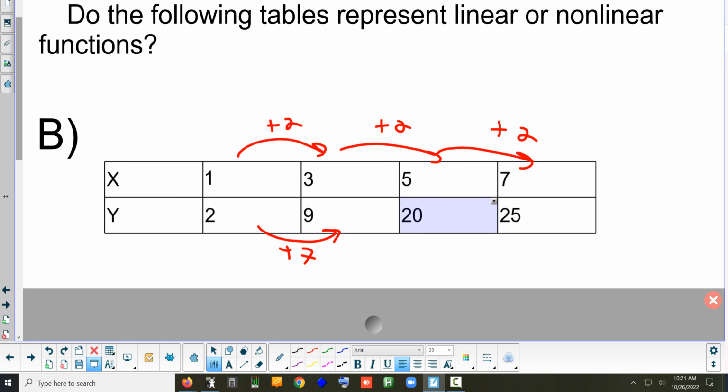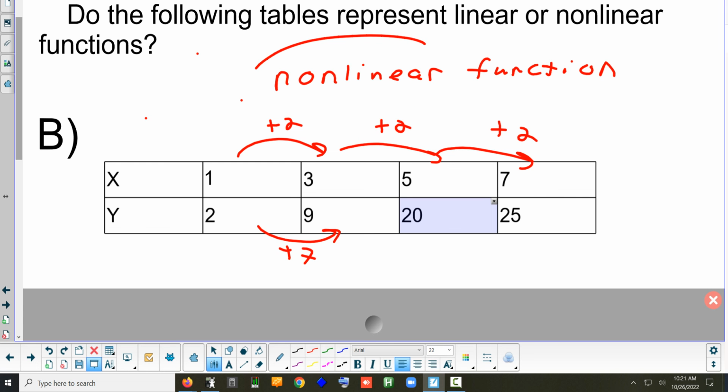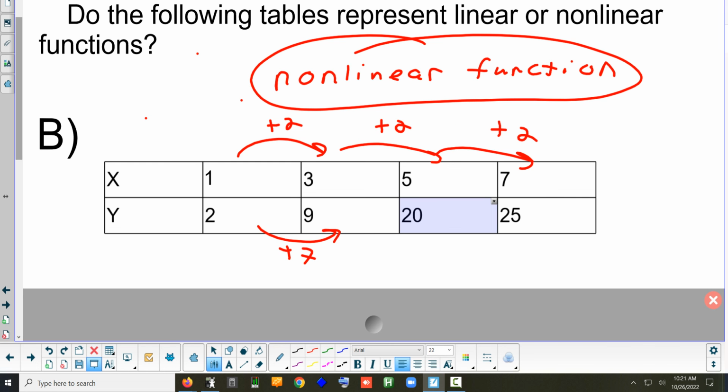So if you were to graph these points, they would not be in a straight line. They might look something like that. They're not going to line up straight. So because they don't line up straight, this is a non-linear function. Now, we did this part yesterday, but can someone remind me again? How do I know the numbers in this table are a function?